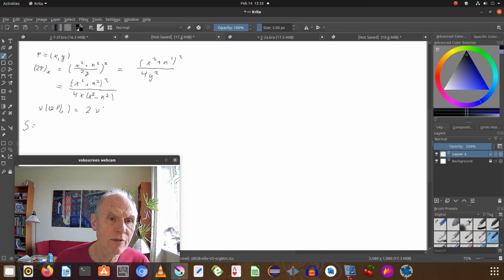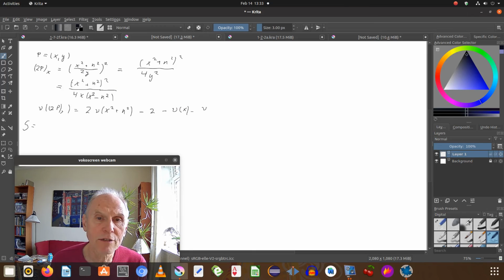twice the valuation of x squared plus n squared minus 2. It's the valuation with respect to the prime 2. We don't write that. Minus the valuation of x minus the valuation of x squared minus n squared. This needs to be negative.